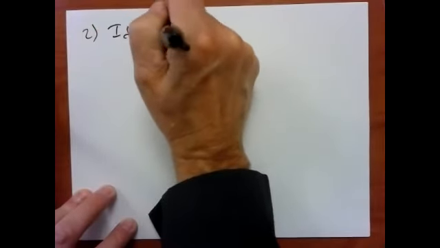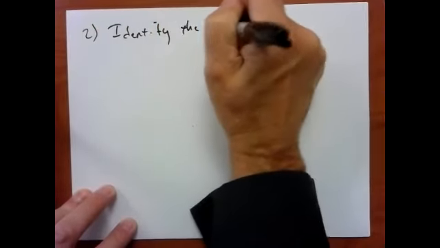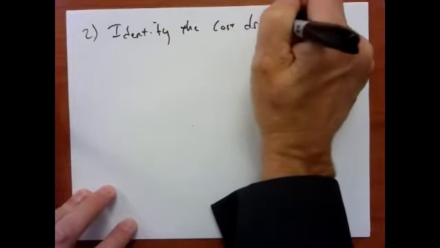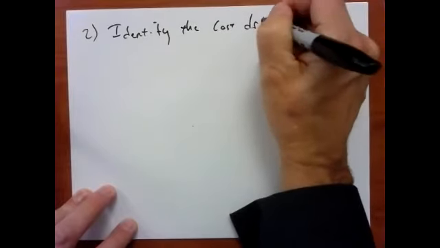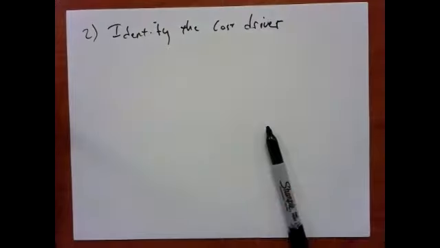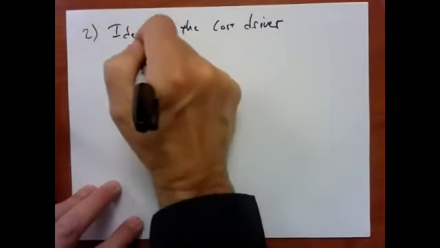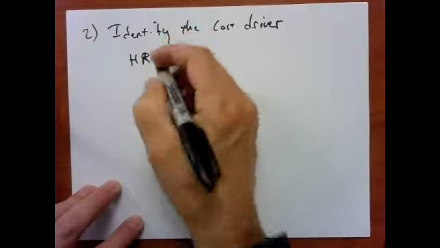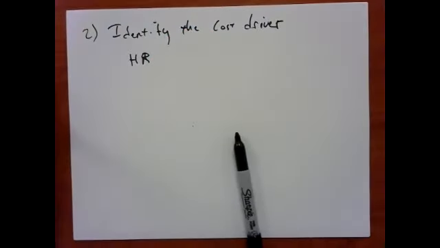Step two, identify the cost driver. Okay, so this goes to what I've been saying as we've been moving along. So HR, right? The example we were using a minute ago. We've got the cost of recruiting, we've got the cost of running payroll, we've got the cost of employee relations.